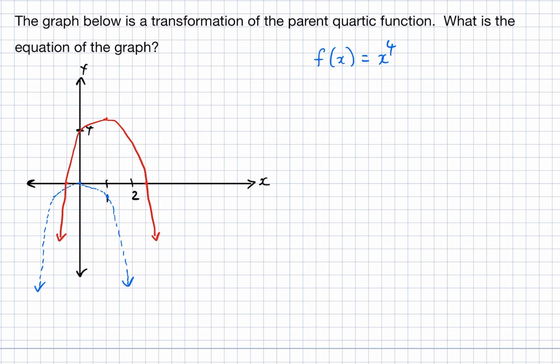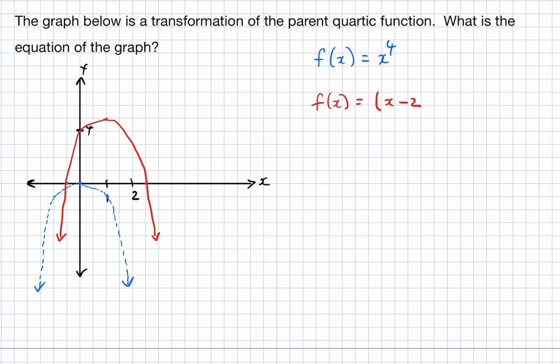So the equation of the graph is going to be f of x is equal to, and we said that it shifts to the right 2 places, so that's going to be an x minus 2. Like we said earlier, it's counterintuitive, right? To the right it's going to be minus 2. If it goes to the left, it'll be plus 2.